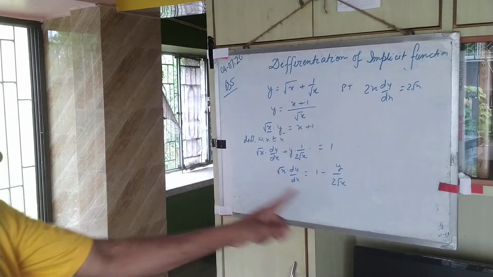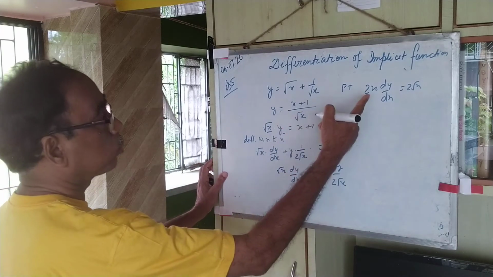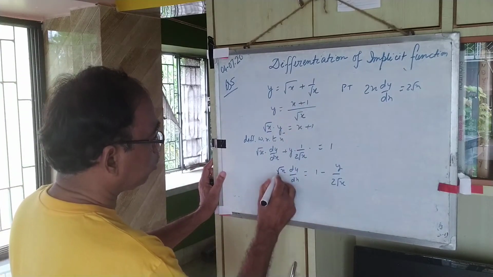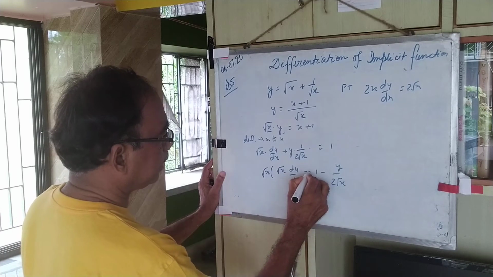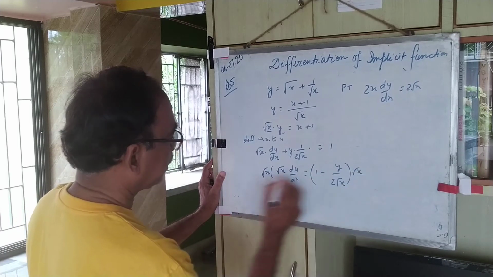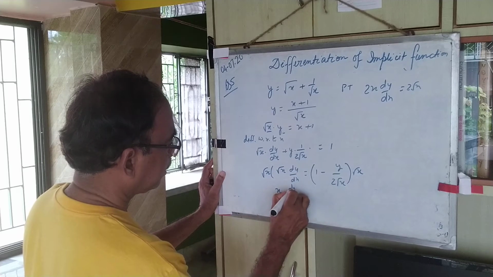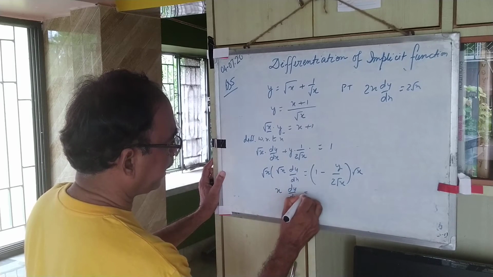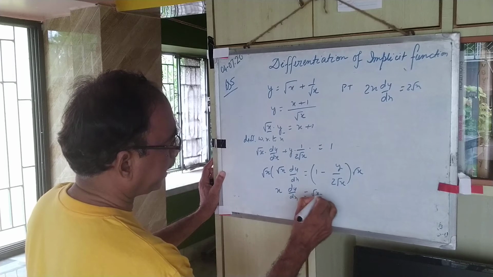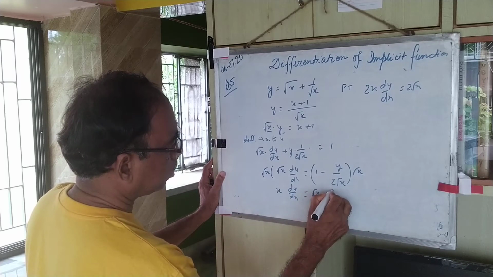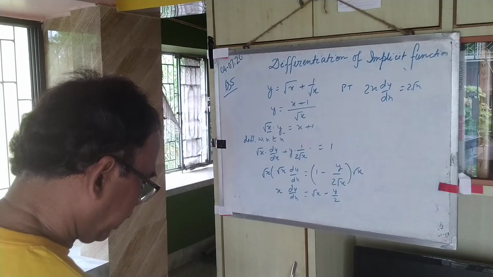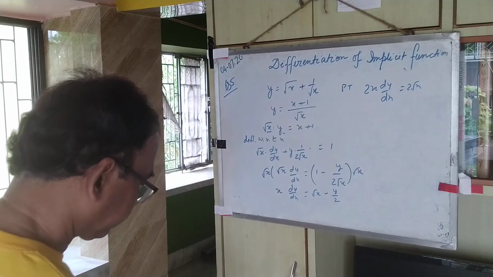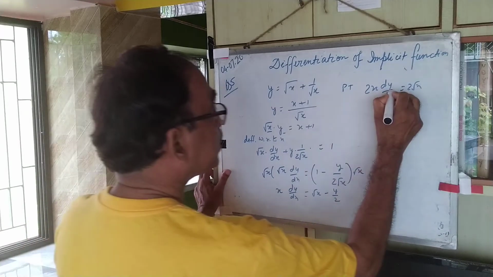If we multiply root x on both sides, because we want root x into root x, therefore x dy by dx equals root x minus y by 2. We have to find this plus y.